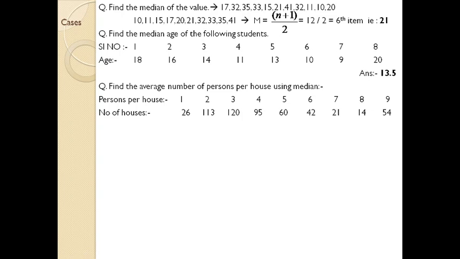So the event in this situation is number of persons per house, and the number of times the event occurs is represented by number of houses, because 3 means there are 120 houses having the same number of persons. So remember, this is a discrete series case, not an individual series method.